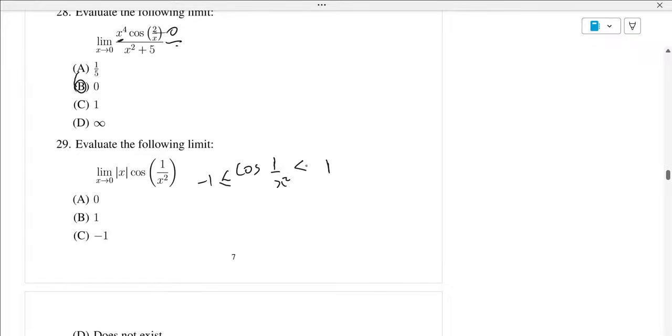So we can multiply through by the absolute value of x. Then I'm going to have negative absolute value of x less than or equal to absolute value of x cos 1 over x squared less than or equal to absolute value of x. Now if I evaluate this as x approaches 0, I'm going to get 0 here and 0 here. And so the answer is 0.